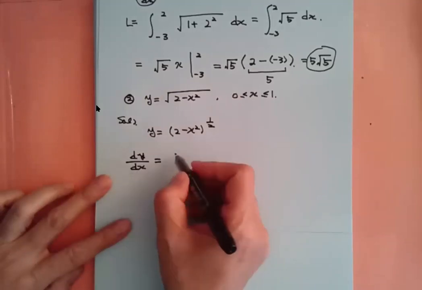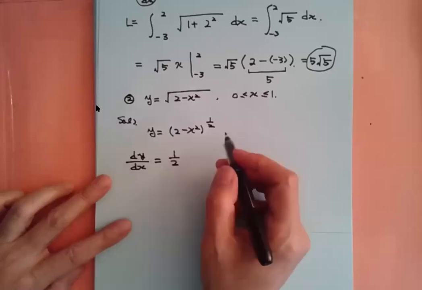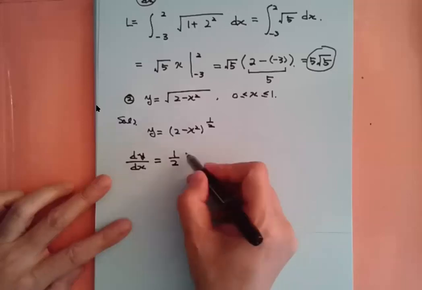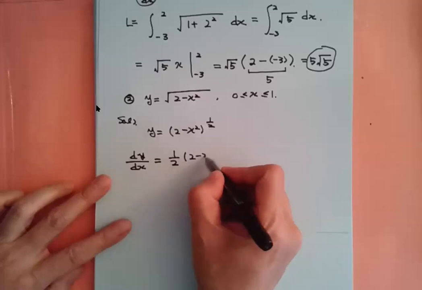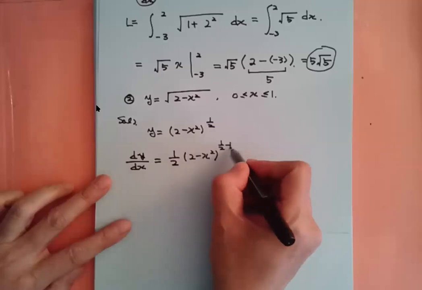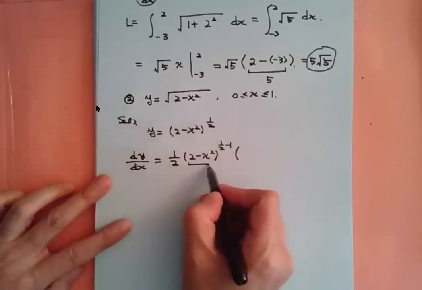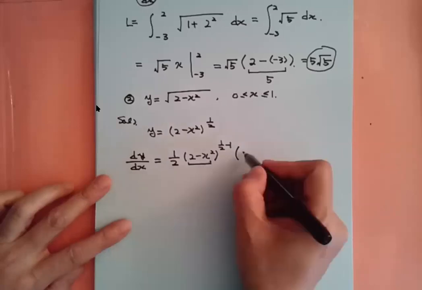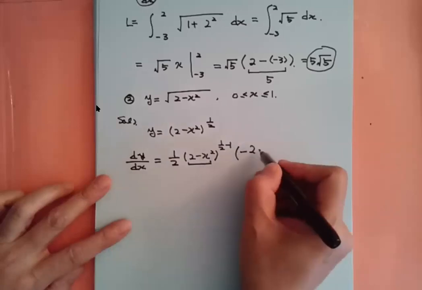So we bring down the power, and 2 minus x squared to the 1/2 minus 1, and this is a chain rule, so we have to differentiate this part and write it down here, then that is minus 2x.